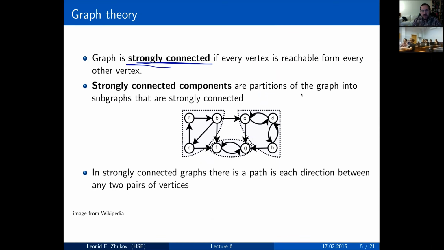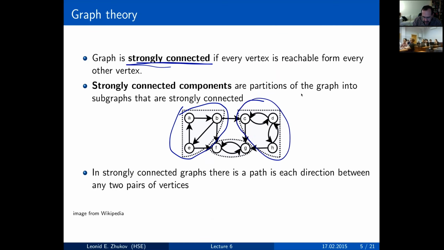Now, if the graph is not strongly connected, sometimes it could be divided into strongly connected components. And strongly connected components are those partitions of the graph into subgraphs that are strongly connected. Well, if we look at this picture, you realize that, for example, here, these 3 nodes, you can get from any node to any other node. You can get from A to B, from B to E, from E to A. Well, the same is true right here.